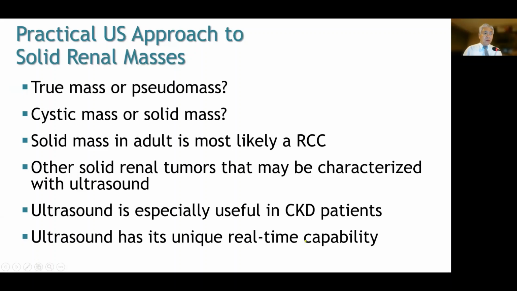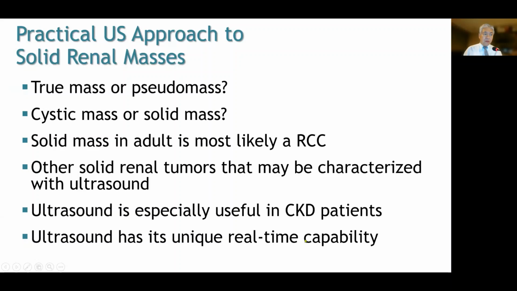Let's think about how we can approach solid-looking renal masses practically with ultrasound. I think the first thing we need to do is to differentiate between true mass and pseudomass, then between cystic mass and solid mass. And if it is a solid renal mass in an adult, it will be most likely a renal cell carcinoma.